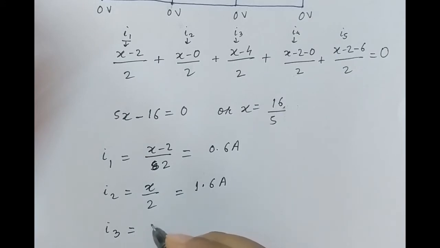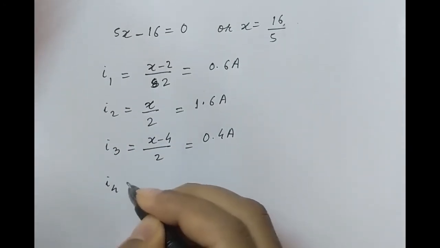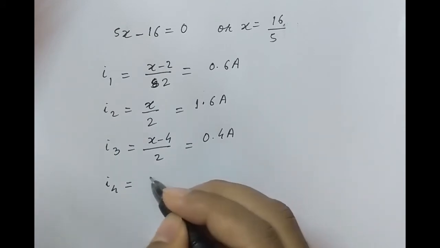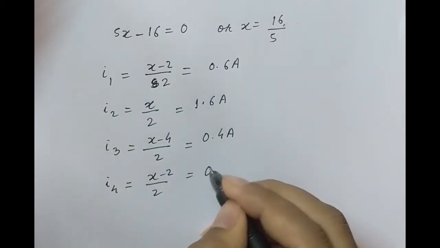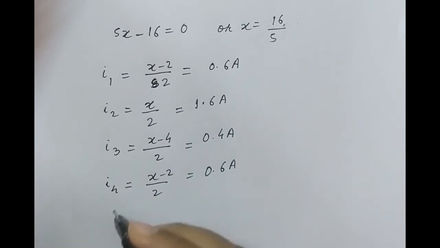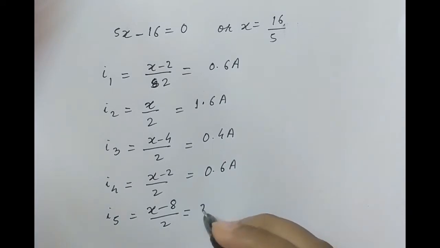I3, which is given by X minus 4 divided by 2, will be giving you 0.4 amperes. I4, which is given by again X minus 2 by 2, which is the same as I1, so we can directly put it as 0.6 amperes. And I5, which is X minus 2 minus 6 is minus 8, so X minus 8 divided by 2, which will give you 2.4 amperes.